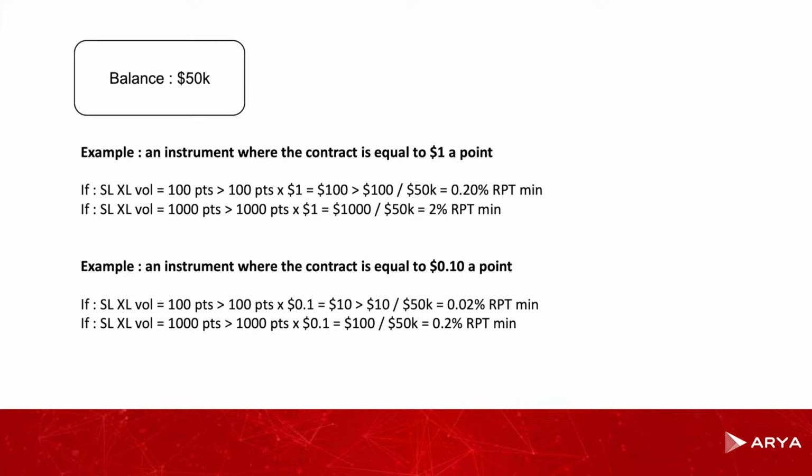Firstly, we're going to look at an example here. Let's say we have a $50,000 balance in our trading account. Example one is where we have an instrument where the contract is equal to $1 a point.